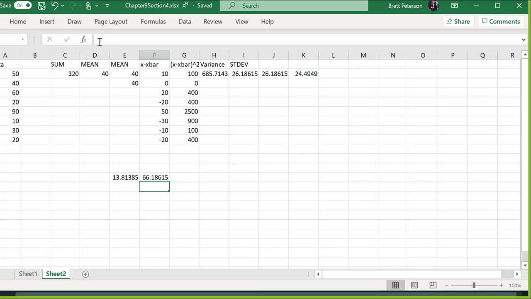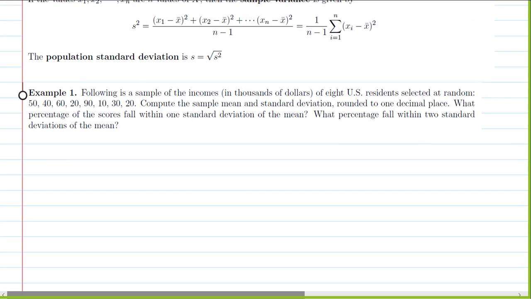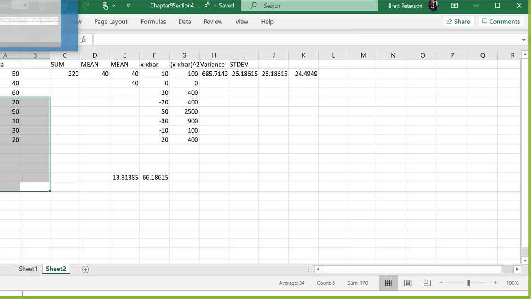So then what percentage of our data points are in between those two numbers? Well, let's see, 1, 2, 3, 4, not that one, not that one, 5, and 6. So we have 6 of our 8 data points are in this range.